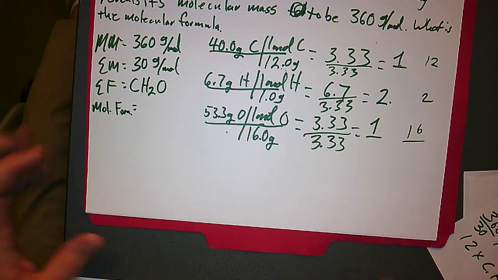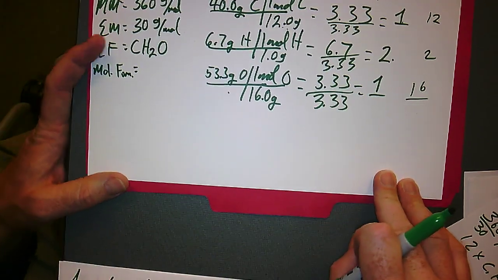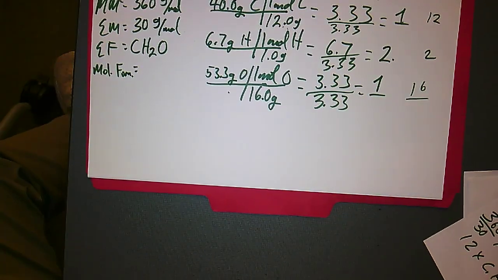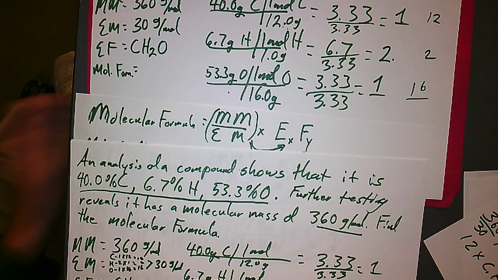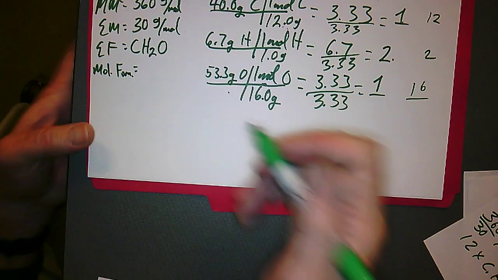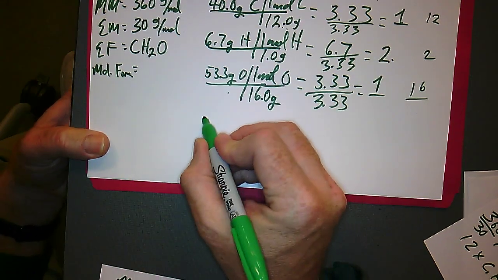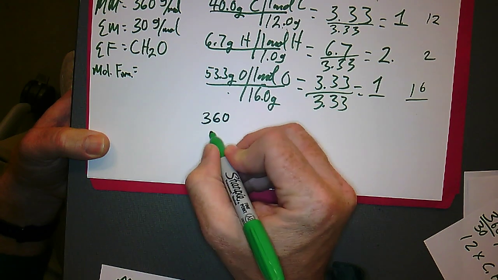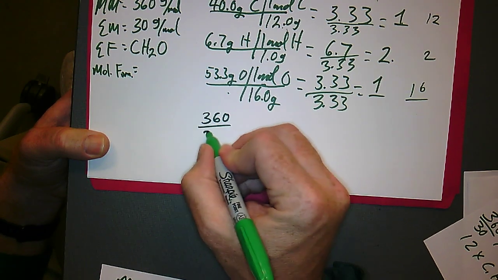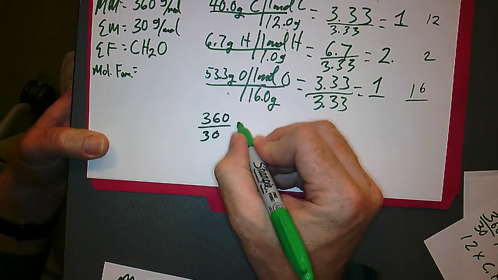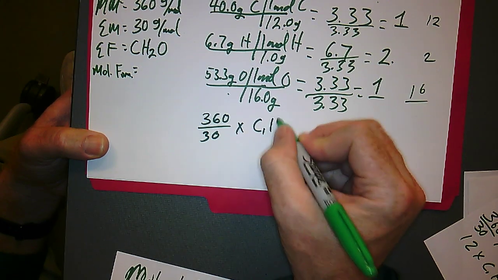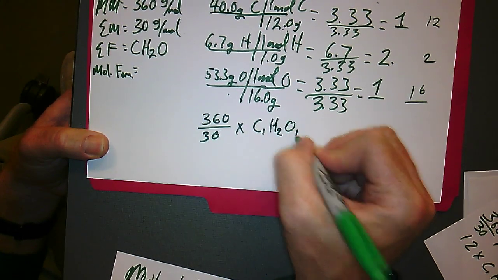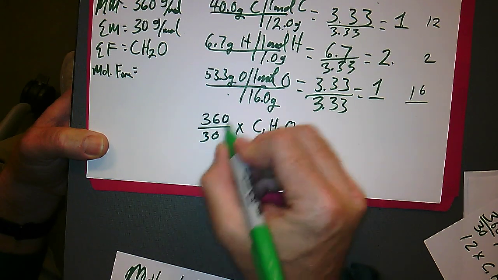Now we're going to use our algorithm again, which is the MM over EM times the EF. Our MM is 360. Our EM is 30. Our EF is C1H2O1. What's 360 divided by 30?